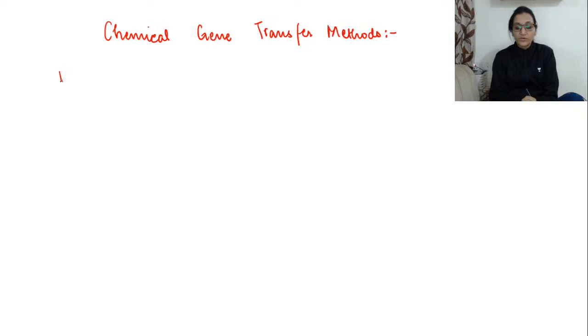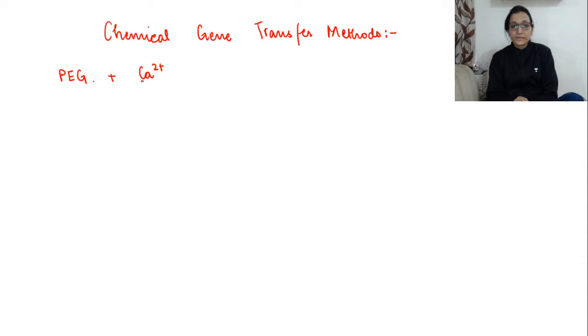So chemical gene transfer methods, first of all, is polyethylene glycol mediated. Polyethylene glycol mediated in the presence of divalent cations, that is calcium ions, is the method of choice.